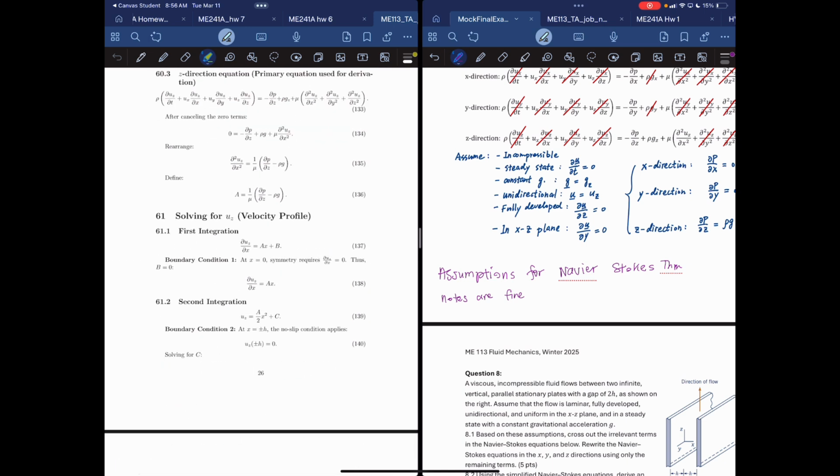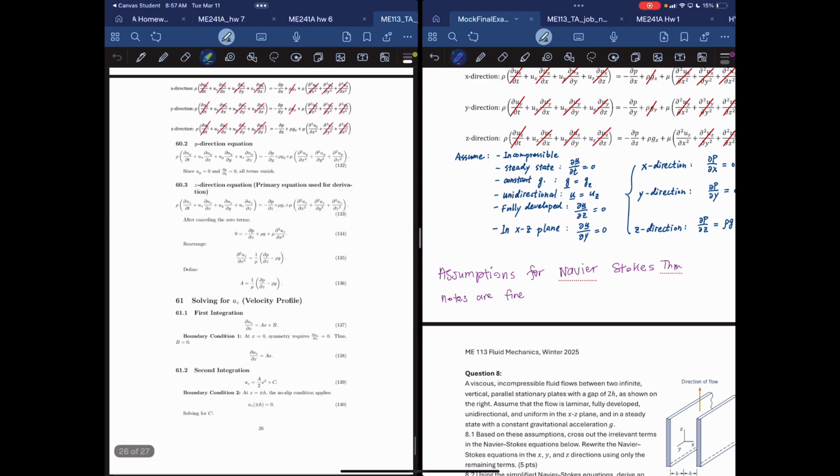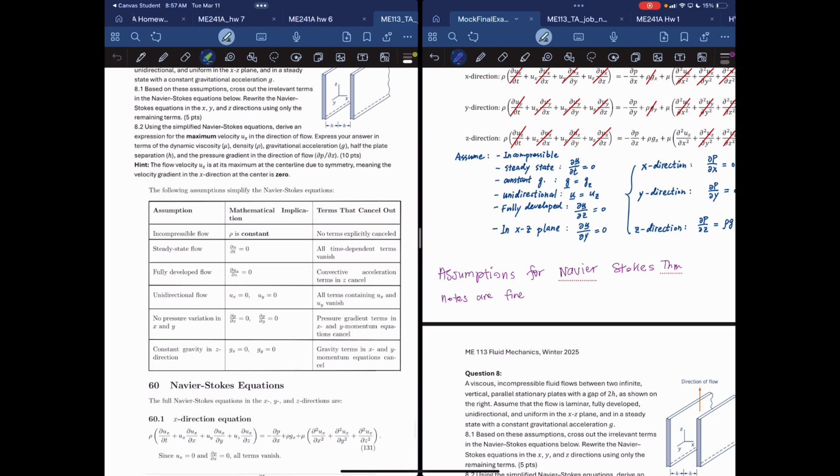Like in this case, they didn't tell us uniform or laminar. What does that tell us? Absolutely nothing. We're not supposed to take that into consideration, or we have that in the back of our mind, but that does nothing for Navier-Stokes. Okay. It's just like a red herring.